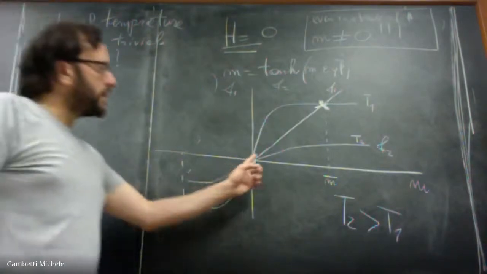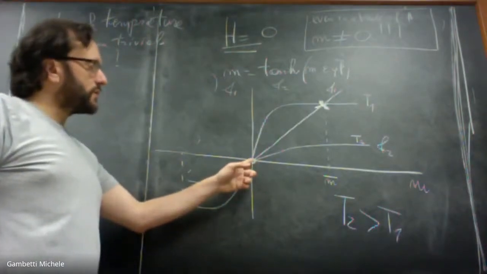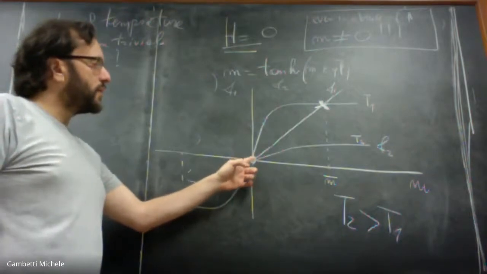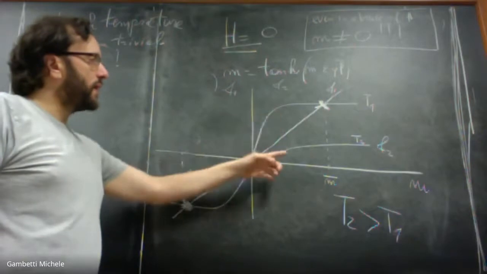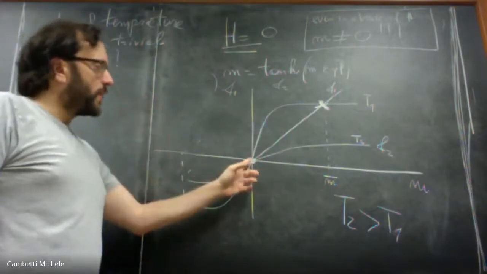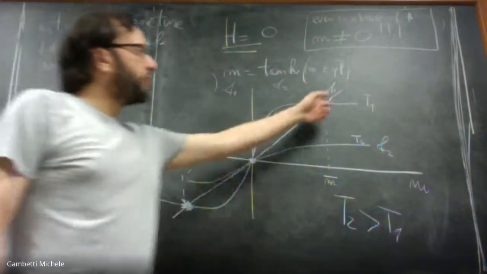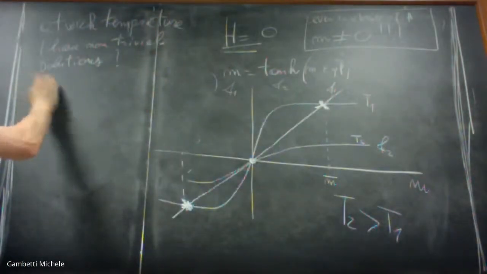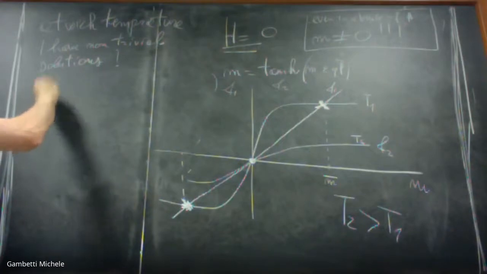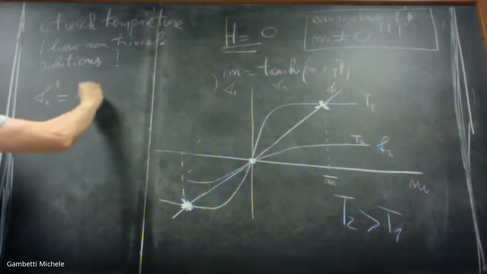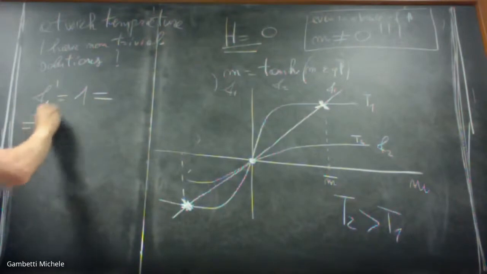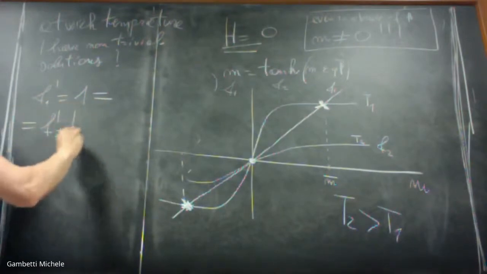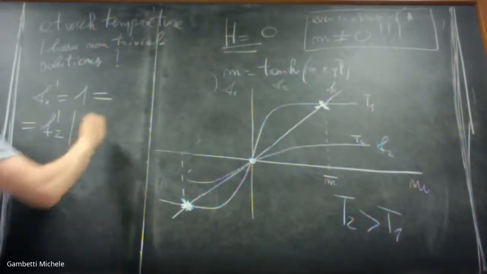The criterion is simple: it is basically when the tangents of f1 and f2 are equal. Now the tangent of f1 is 1, so f1 prime is 1, and I impose that this is equal to the derivative of f2, computed, of course, at m equal to 0.